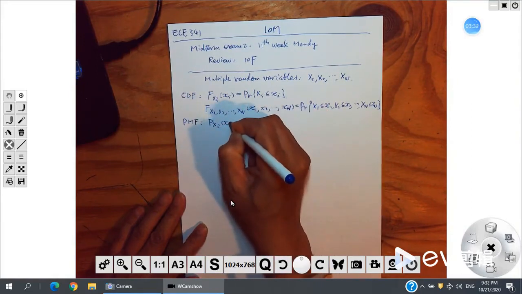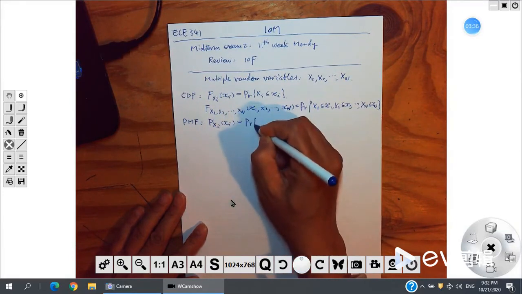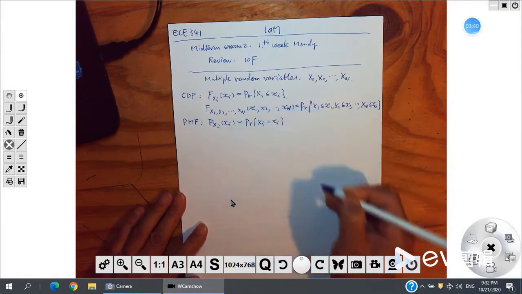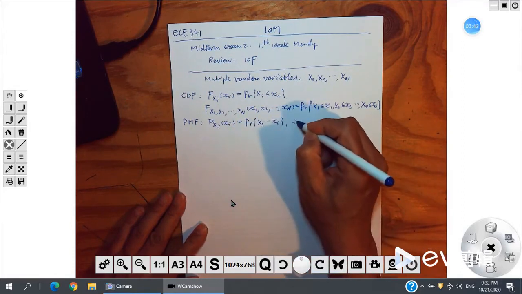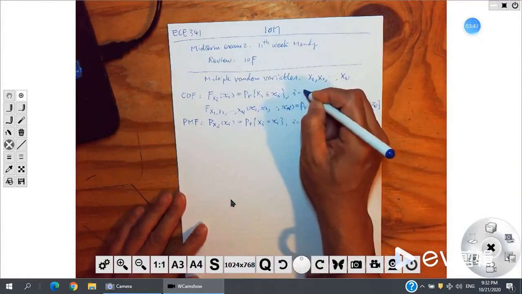We also have the probability mass function, the PMF, similar for each one. For each Xi, we have the mass function: the probability of Xi equal to lowercase xi, for i running from 1 to n.